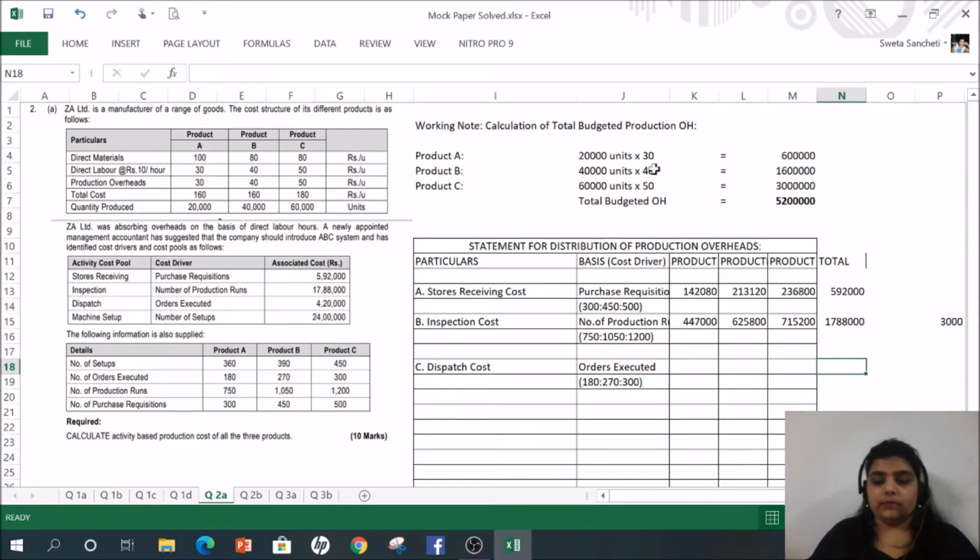Total cost of 4,20,000 and here it would be this into 180 divided by, this is 570, 650, 750.